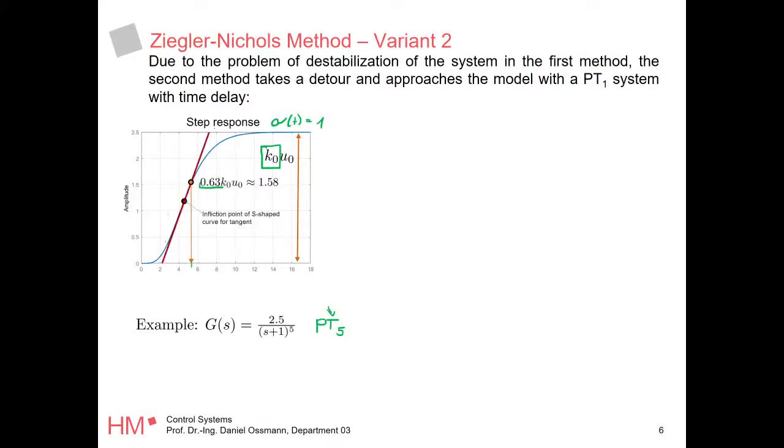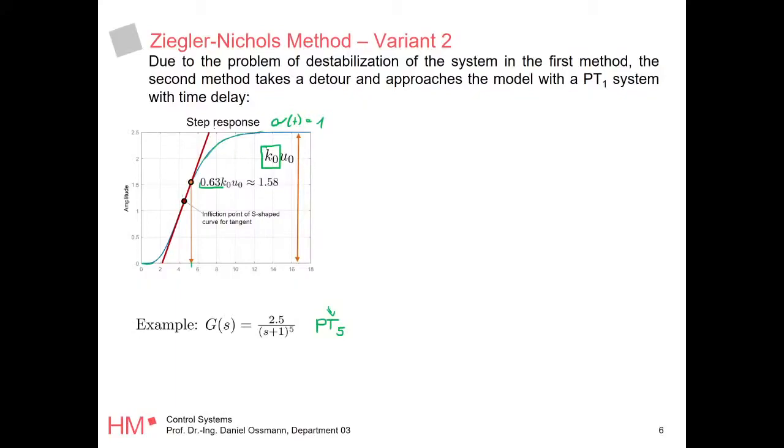Next, this guy here has an S form, right? This looks like an S. And if you recall math, an S-shaped curve always has an inflection point, right? Wendepunkt. Through that inflection point, you construct a tangent, a tangente, right?